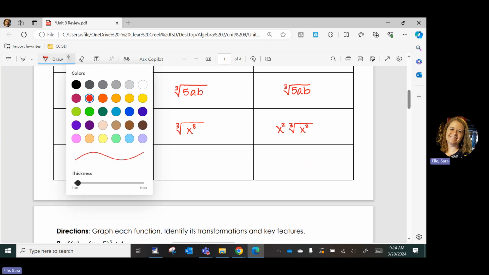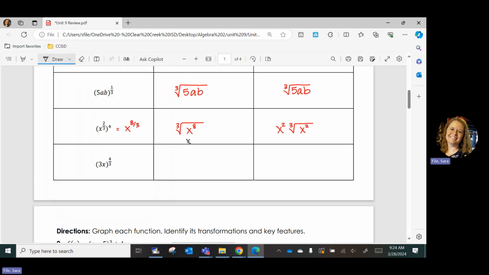If you're struggling to understand this or to break this down, think about it like this. x to the 8th could be broken down as x to the 6th times x squared. That's x to the 8th. And then the 6 you could bring out as x squared because 3 goes into 6 twice.